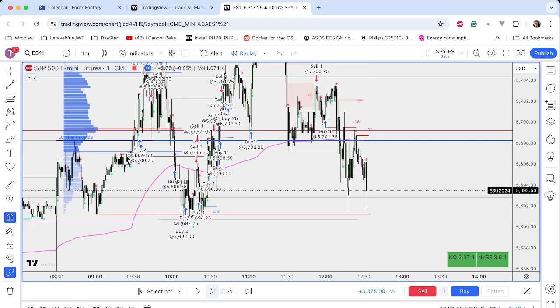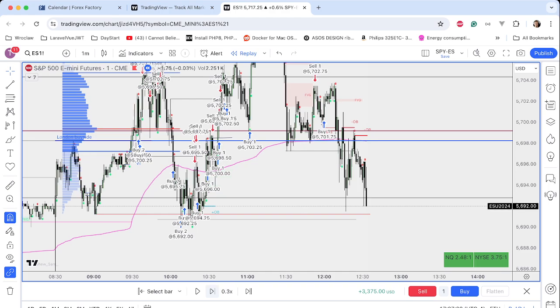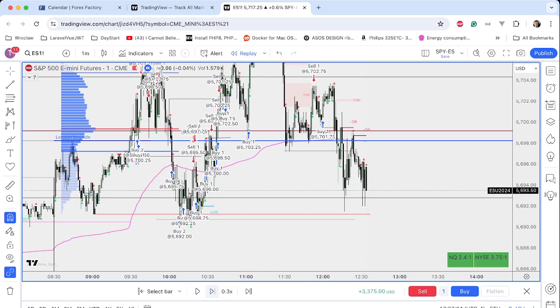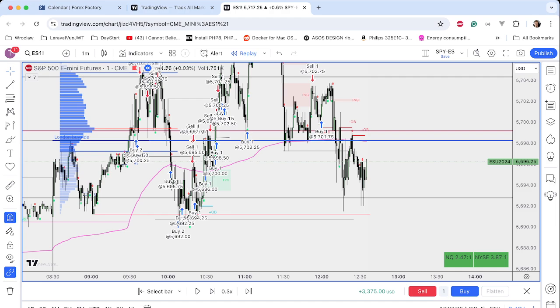Look at that. Somebody went long, they pushed down again. Looks good, very good for long, but then boom, suddenly it's just doing crazy stuff.